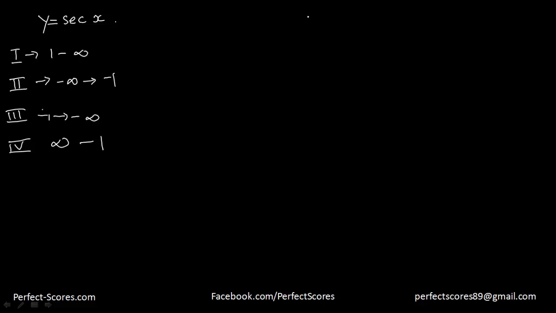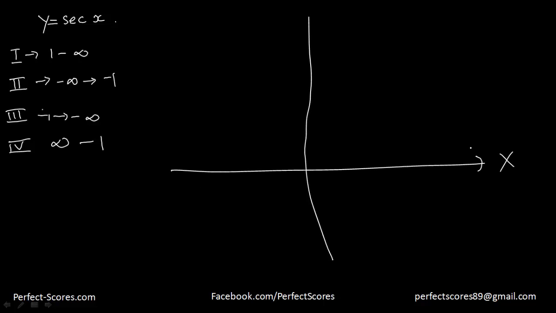So if I draw the graph here, this is the x-axis, this is the y-axis. Let's say this is 0, this is pi by 2, this is pi, this is 3 pi by 2, and this is 2 pi. Right? So let's just do it for these four quadrants here.